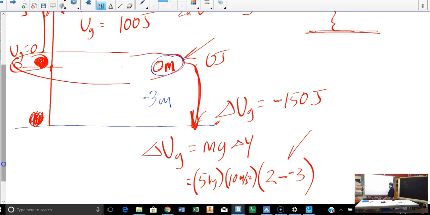And as you'll see, that comes out to be 5, right? Yeah, 5. So 5 times 5 is 25, times 10 is 250. So my change in potential energy from the basement to that floor is positive 250 joules.